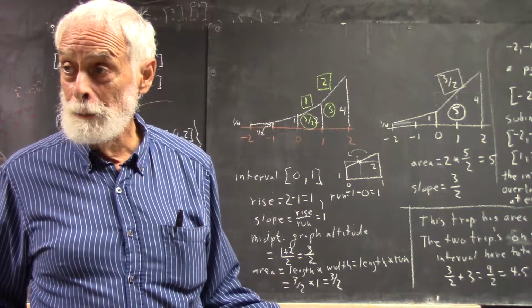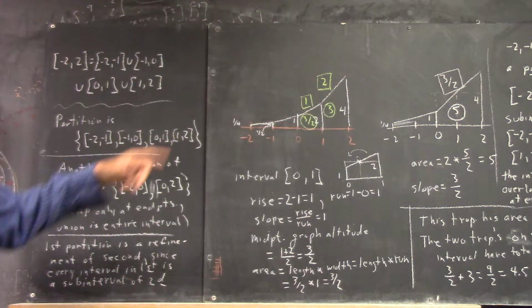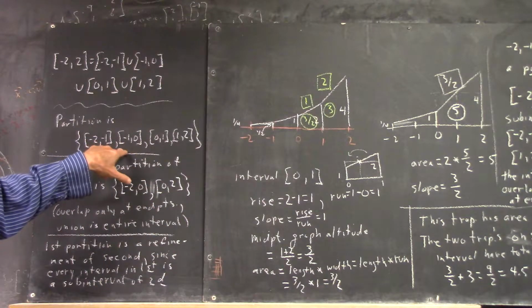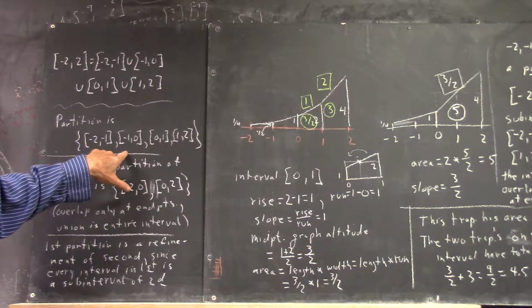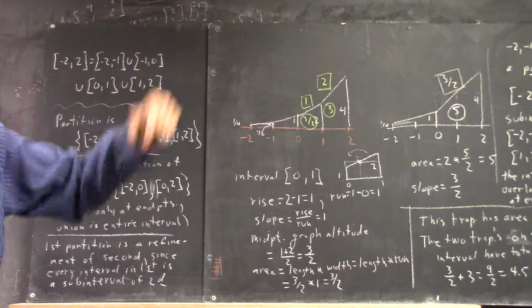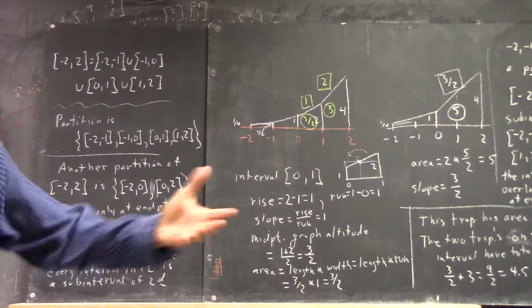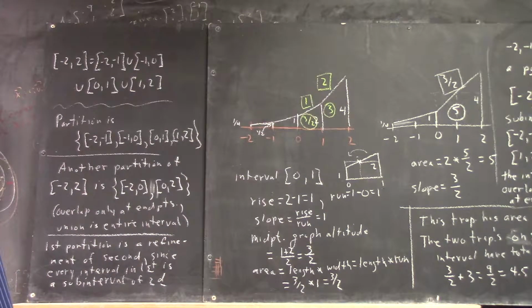And we understand that we could then subdivide this partition, right? We could refine this partition. We could go -2, -1.9, -1.8, and so forth, right? Of course, we'd have numbers that we don't know how to calculate when we try to evaluate the exponential function, but you know, the calculator or spreadsheet would do that for you, okay? Make sense?